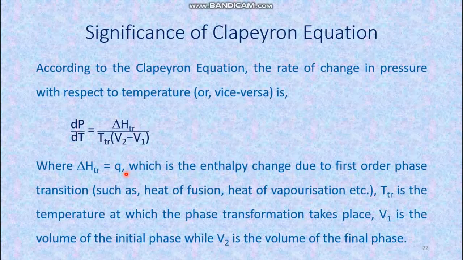Examples are heat of fusion, heat of vaporization, or heat of sublimation. T is the respective temperature. If it is fusion, then this is the melting temperature; if it is vaporization, then it is the boiling temperature, isn't it? So T is the phase transformation temperature. V1 is the volume of the initial phase, while V2 is the volume of the final phase. That means after the phase transformation takes place, the volume becomes V2 from V1.